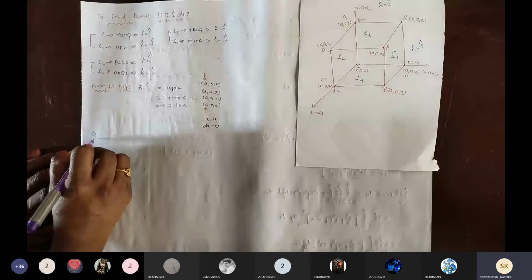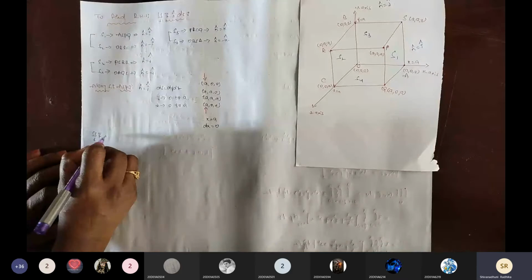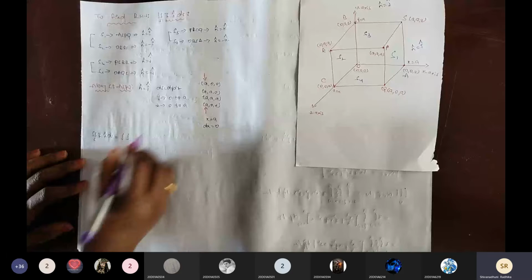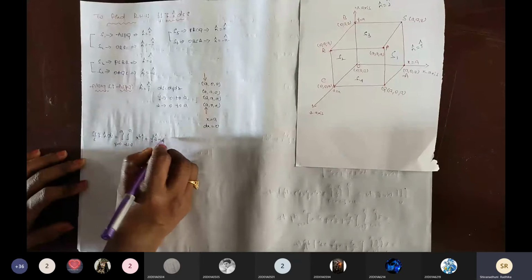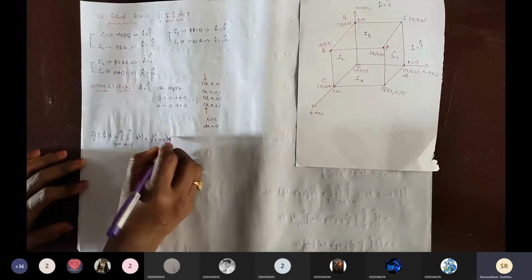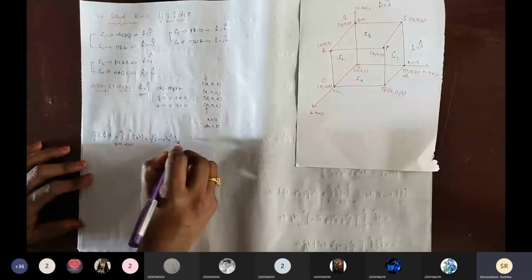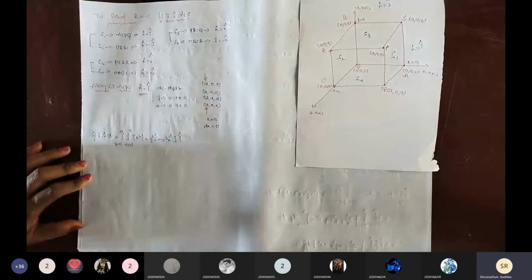Now substitute this data in the given surface integral, double integration over S of F bar dot n cap ds. The limits are y equals 0 to a and z equals 0 to a, with F bar equal to x cube i cap plus y cube j cap plus z cube k cap, dot n cap. What is n cap here? Only i cap.